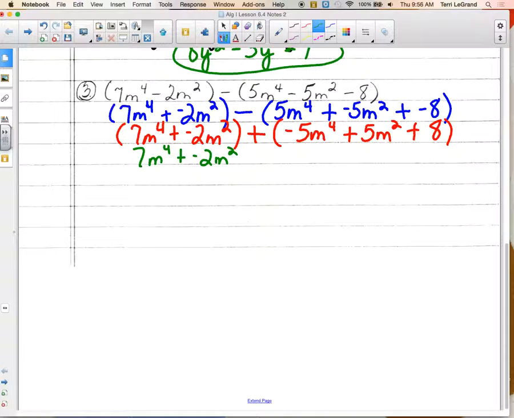In fact, there's 2 in the first one, 3 in the second one, so I should now have 5 monomial terms that can be added together if there are any like terms. So go ahead, rearrange, and get your answer. Clean it up. Have it in standard form.